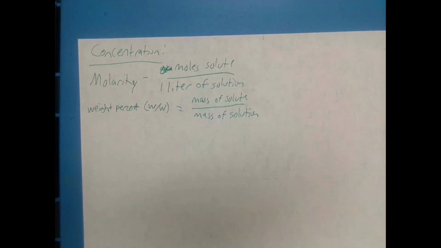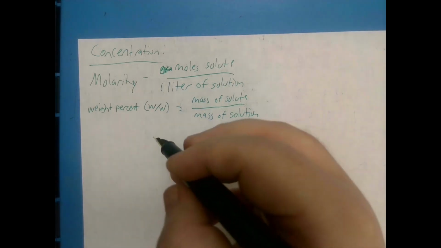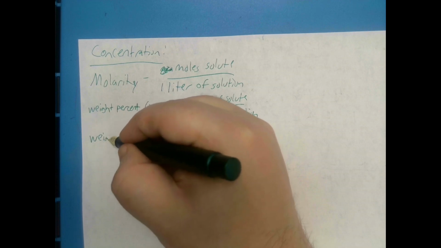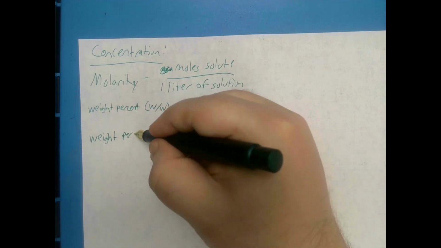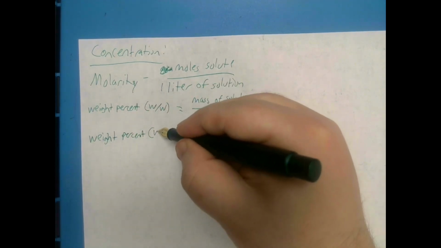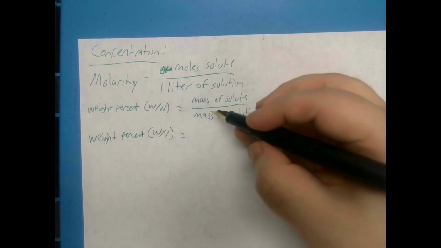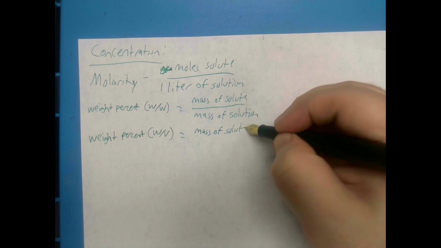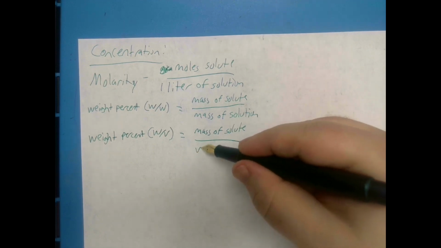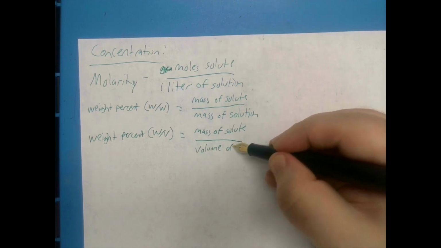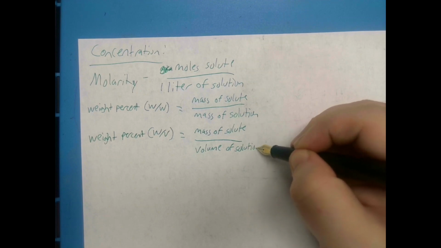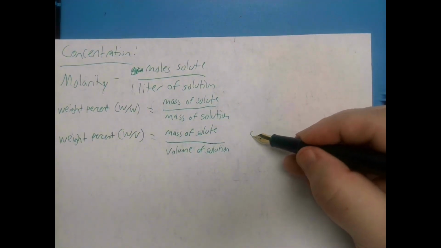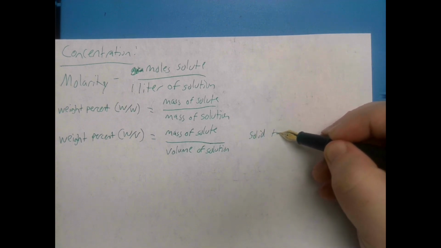Weight to weight is the same as mass to mass ratio. We have another weight percentage, weight to volume, and that's mass of solute per volume of solution. This is usually when you're adding a solid to a liquid.